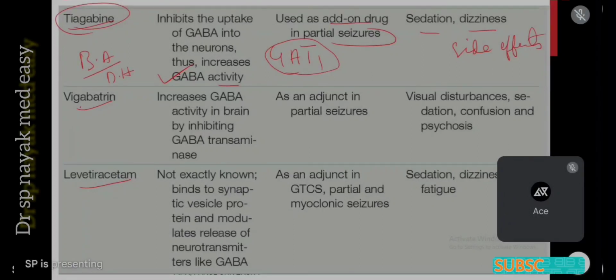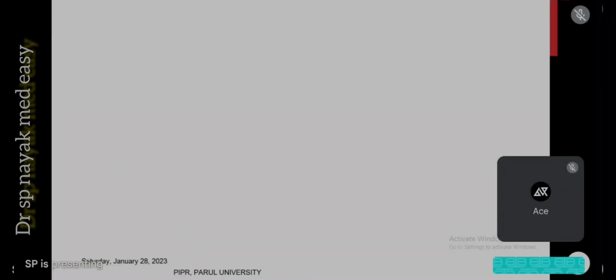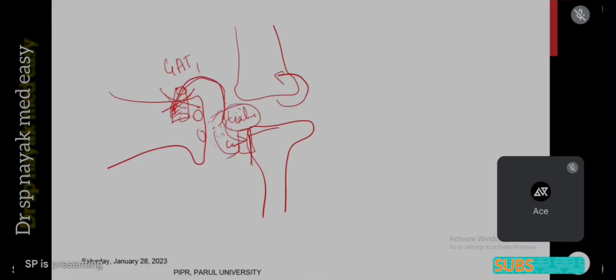Next one is Vigabatrin. Vigabatrin will inhibit the GABA transaminase enzyme. In the previous class I told you, when GABA is reuptaken into the GABA nerve through the GAT1 channel, it will be metabolized by one enzyme called GABA transaminase.